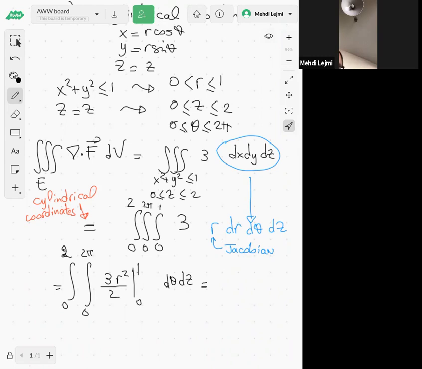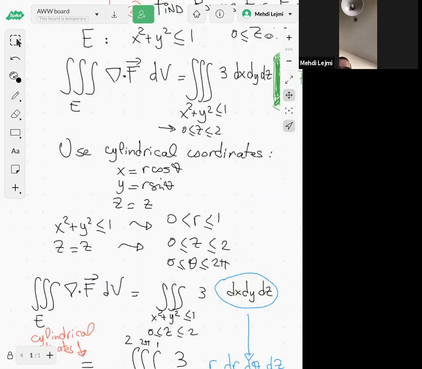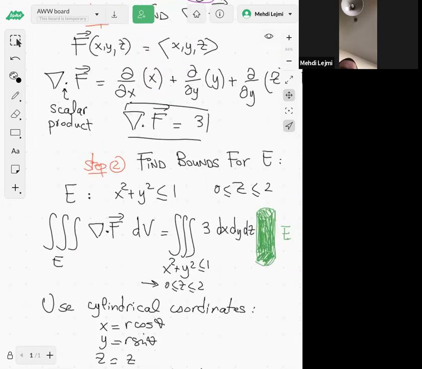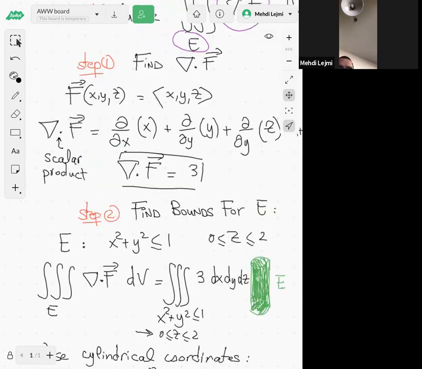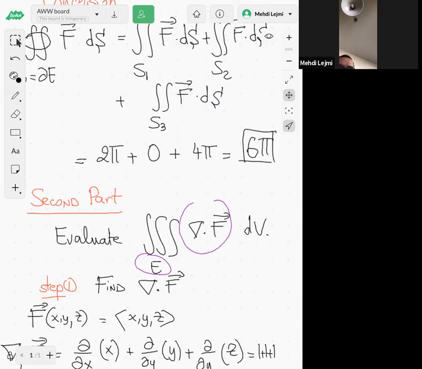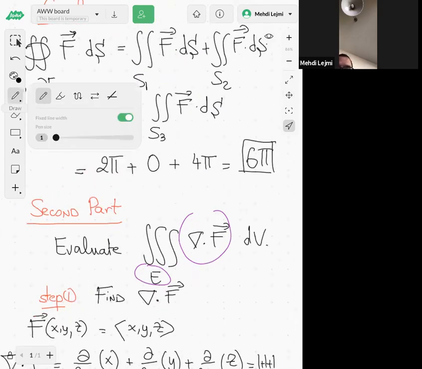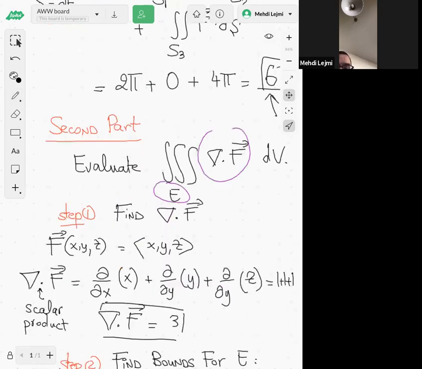So this is equal to 3 halves times 2 pi times 2, which, as expected, is equal to 6 pi. That's exactly what we got when we evaluated the flux of f along the boundary of E, which is also 6 pi. So Gauss theorem is verified.